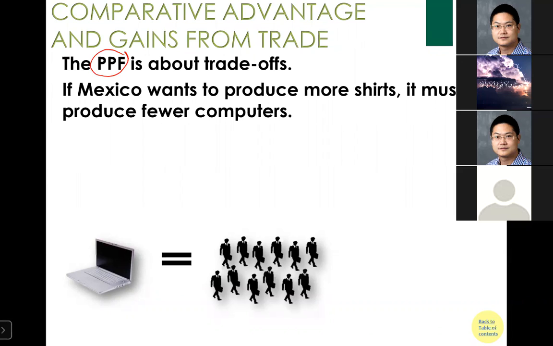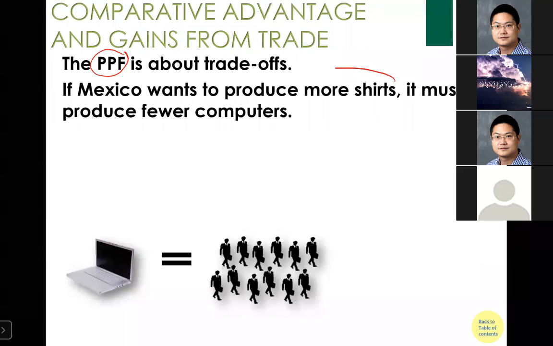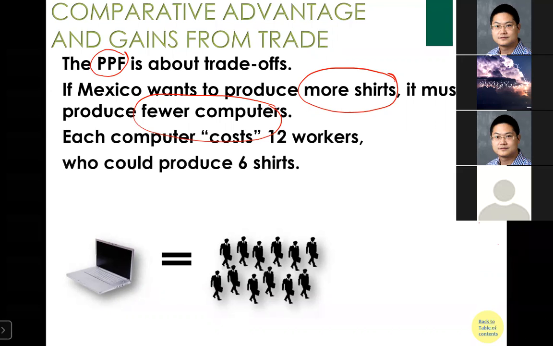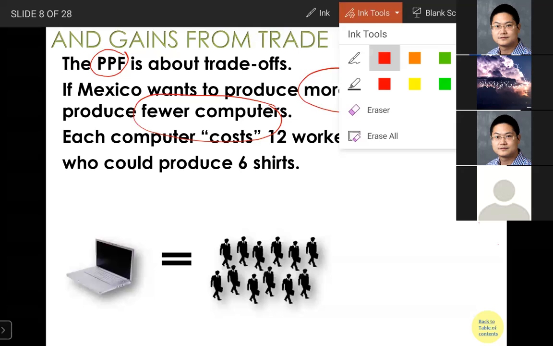The trade-off is, if they want to produce more shirts, they must produce fewer computers. On the other hand, if they want to produce more computers, they must produce fewer shirts, right? More specifically, we can find that each computer is going to cost 12 workers.